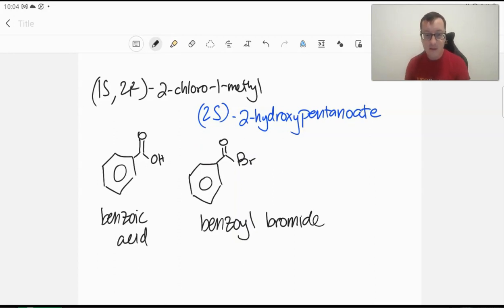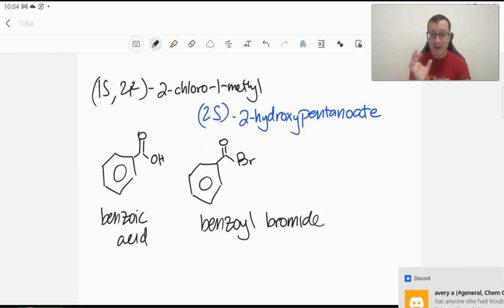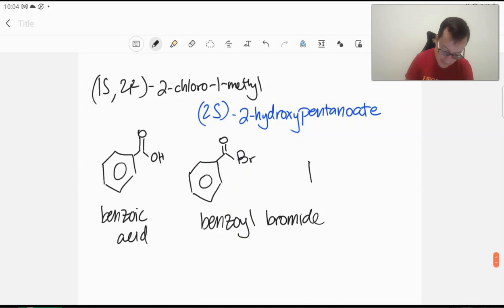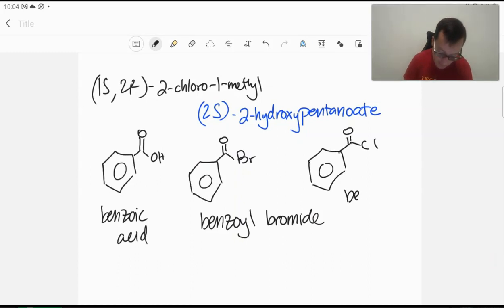That would be an acne curing medication, probably on every other commercial, I feel like. But that's how you name a peroxy acid. But for naming acid halides, it's the same as acids, but we have the ending of oyl, OYL, and then whatever your halogen is. So this is bromide. If it were a chloride instead, this would be benzoyl chloride.